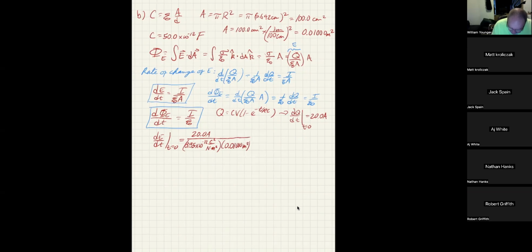Notice that meters squared cancels out, and calculating this, for dE dt I think I got 2.2599, with 2 extra sig figs, times 10 to the 14th. That's a whole lot now. And that's volts per meter per second, which is the units of the electric field per second. So that's the numerical value we would want for dE dt.